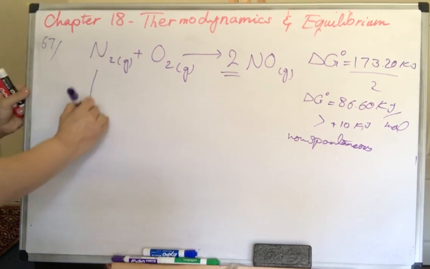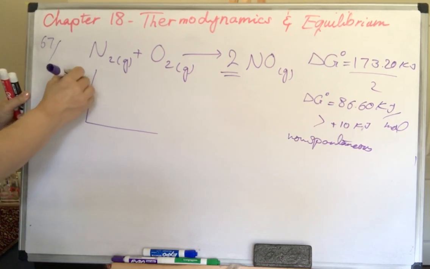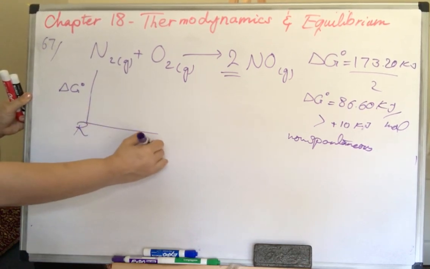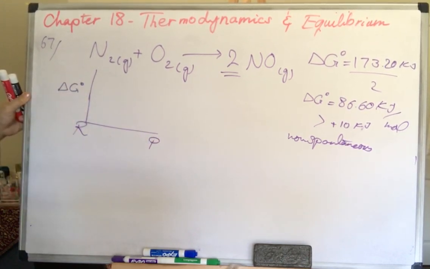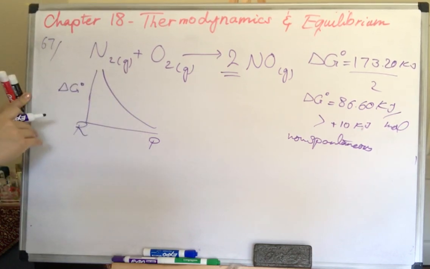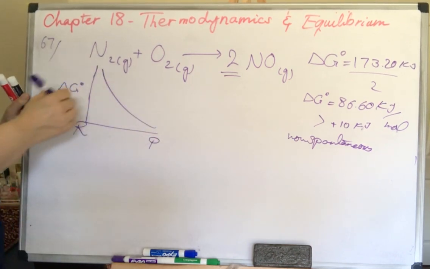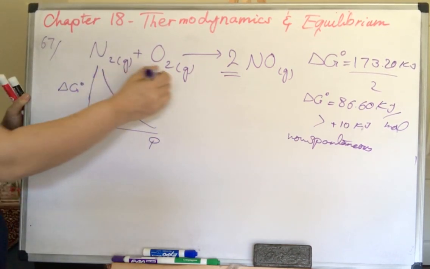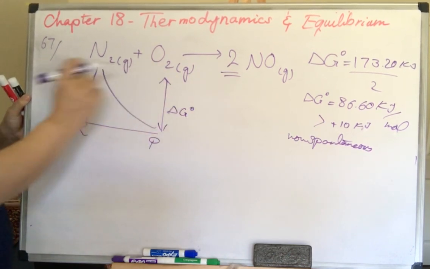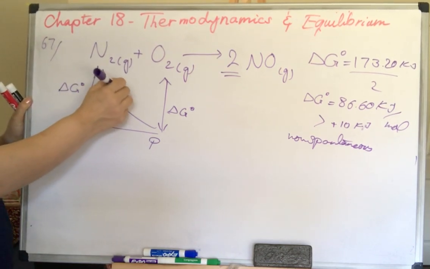If you have a graph of free energy, delta G standard, you call this reactants, and here you will have the products. We said delta G is products minus reactants, right? If delta G is negative, of course this is delta G standard between the product and the reactant, so you have a spontaneous reaction.